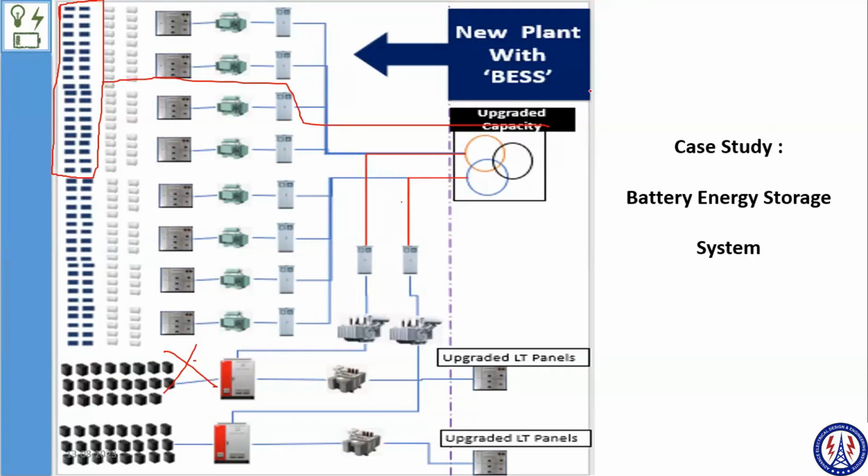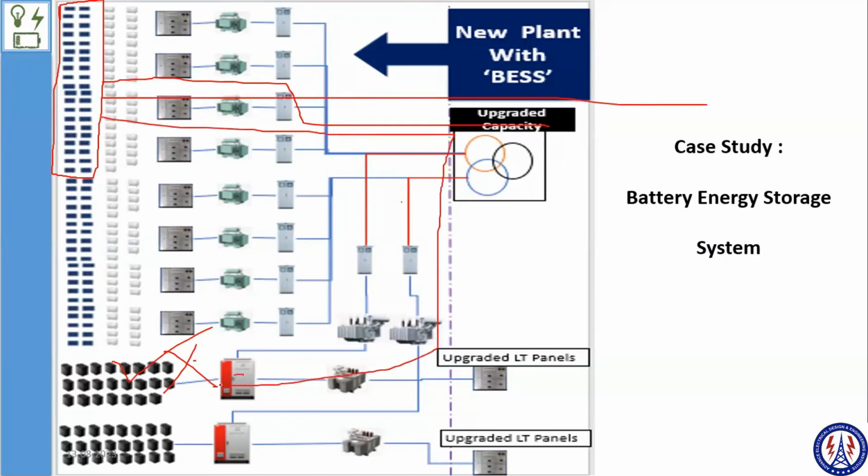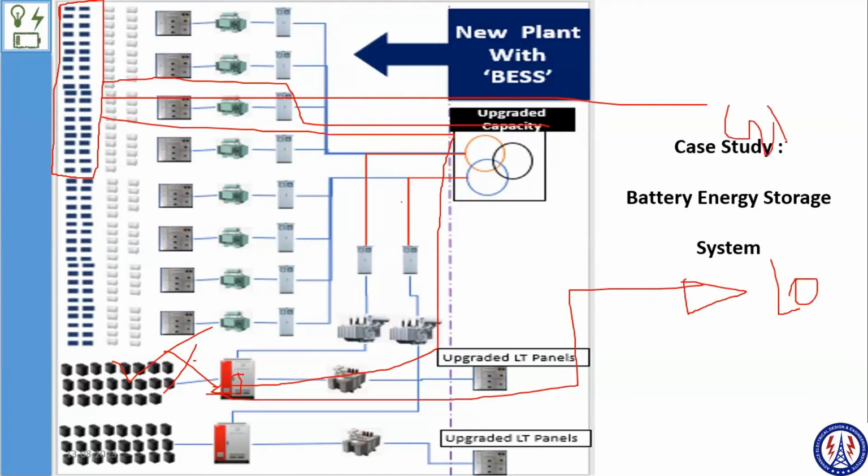Second scenario, if they wish to go for charging, then partial energy would be released to the grid and 50% of the energy would be used to charge the battery. And the stored energy will be used in the evening time to power your load, like this grid again, correct?